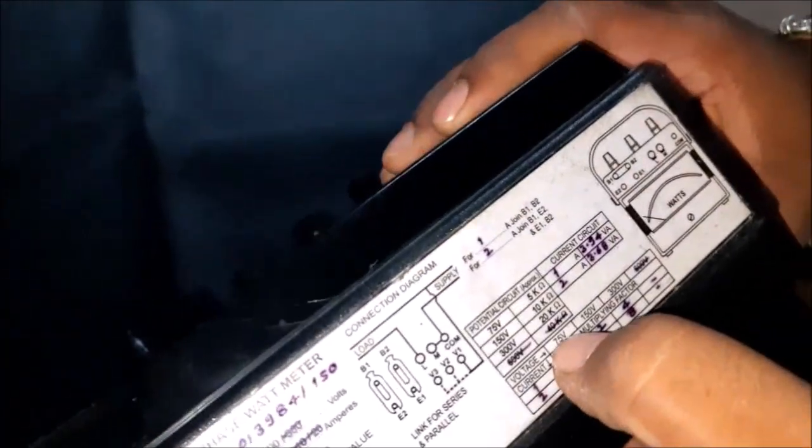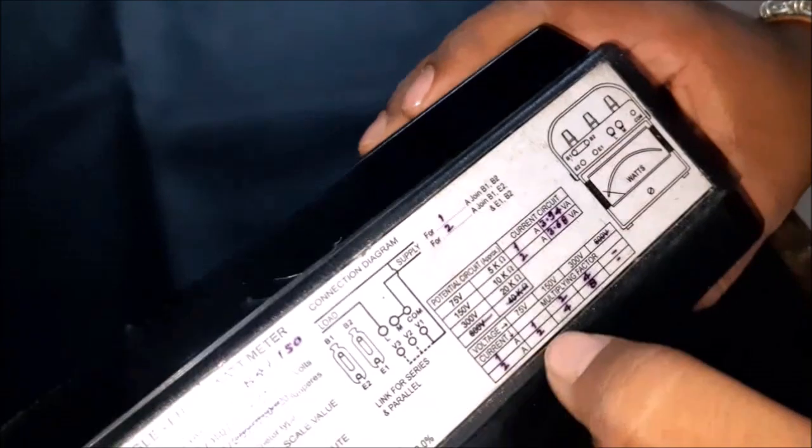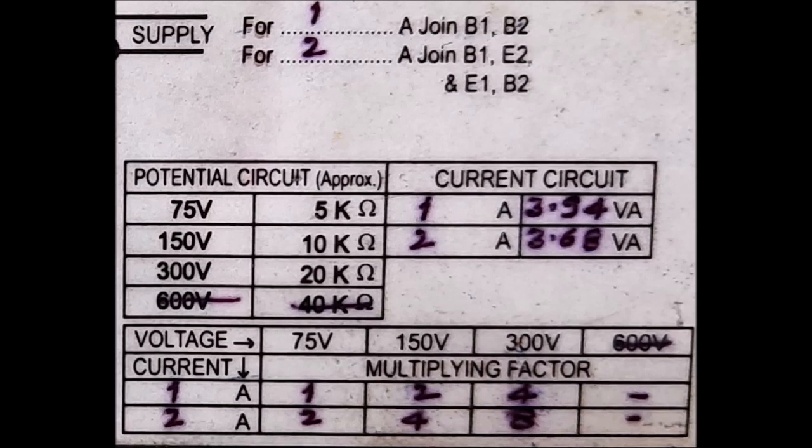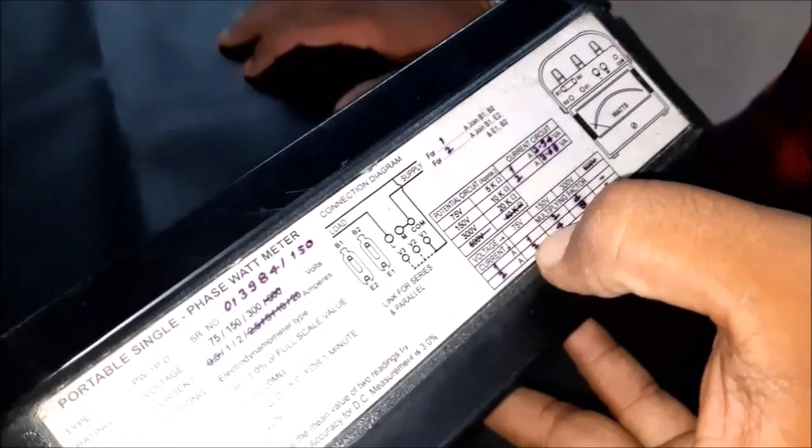So here 75 volt and 2 ampere, here it is 2. This 2 is nothing but the multiplying factor.